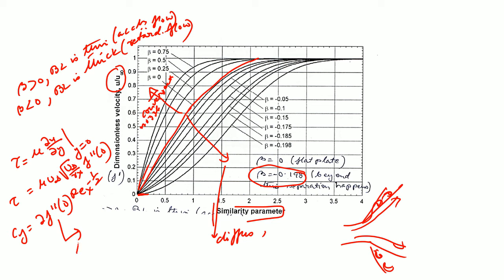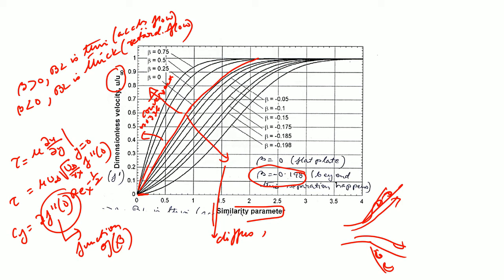This is a function of beta, which is quite obvious from this particular graph, that as you increase beta, your u by U infinity profile changes. As a result of that, your f''(0) value also should change. Because of that, you are going to have this kind of thing.